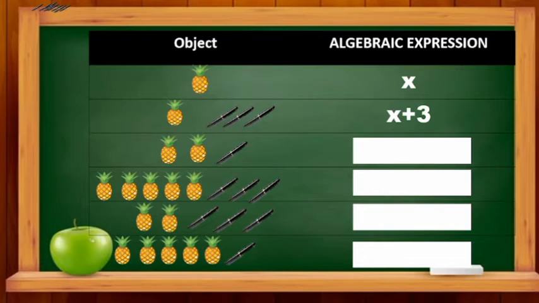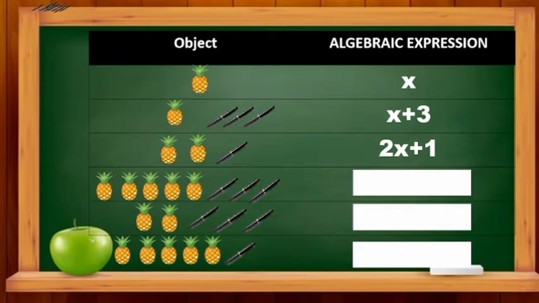I have here some other sets of pineapples and pens for you to translate into an algebraic expression on your own. So the first blank has 2 pineapples and 1 pen. So it is translated into 2x plus 1. Next one has 5 pineapples and 3 pens.